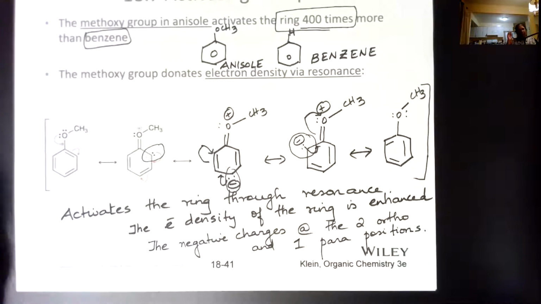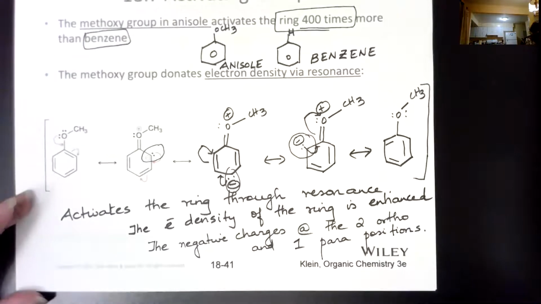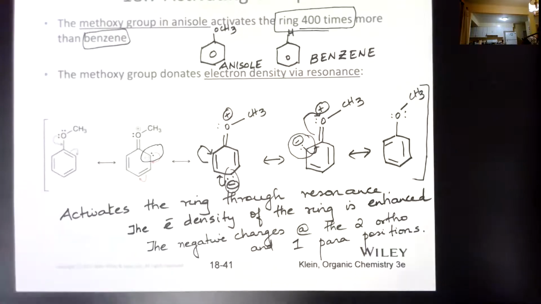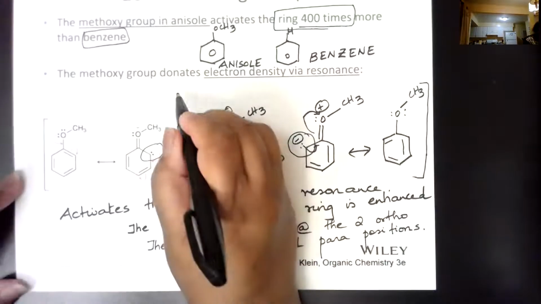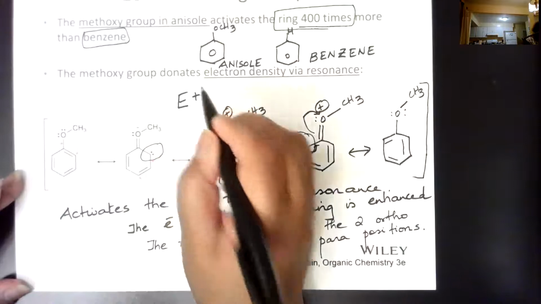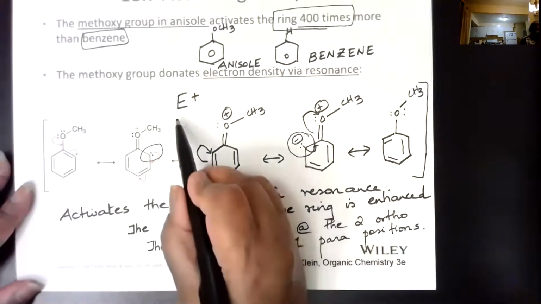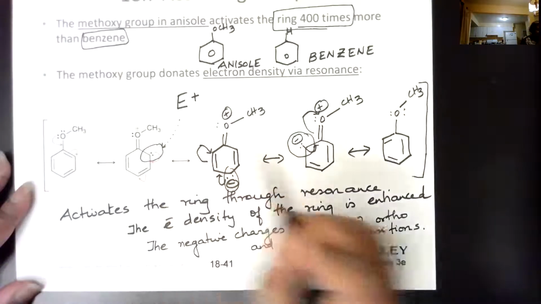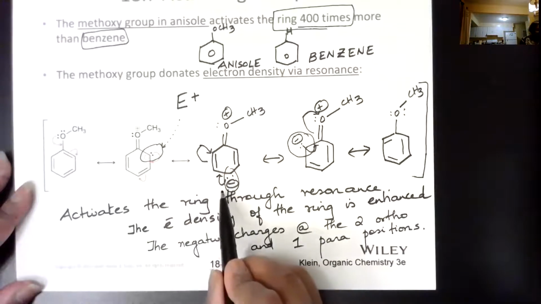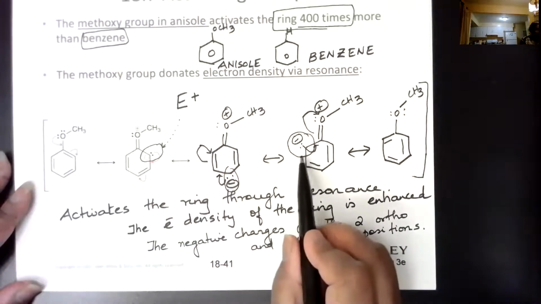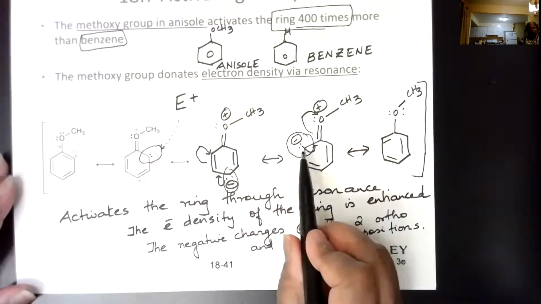See that? So when you have an electrophile come in, when you have an E plus coming in, it'll want to go to the ortho position, or it'll want to go to the para position, or it'll want to go to the other ortho position.